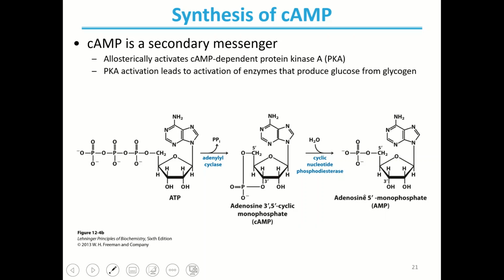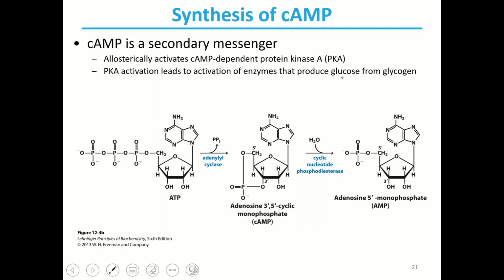It allosterically activates a protein known as cAMP dependent protein kinase A, which is abbreviated as PKA. So you can think of that as protein kinase A.